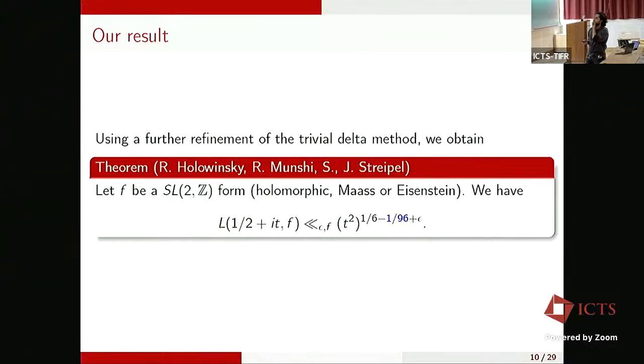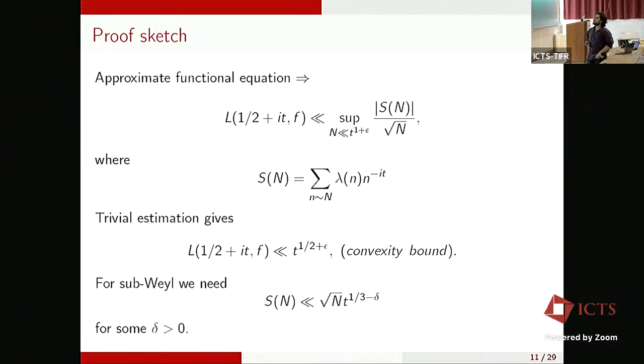Yeah. So let me just directly go into the sketch of the proof. As usual, we start with the approximate functional equation, which reduces your central value to sums of dyadic sums S_N, which is the sum over n of lambda n twisted by n power it, and this capital N can go from 1 to capital T. And the estimate of this S_N is different depending on the size of N, as we will see.